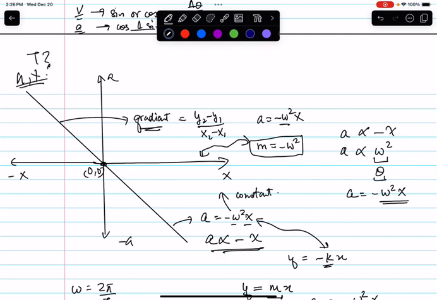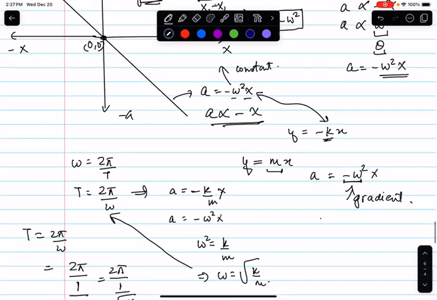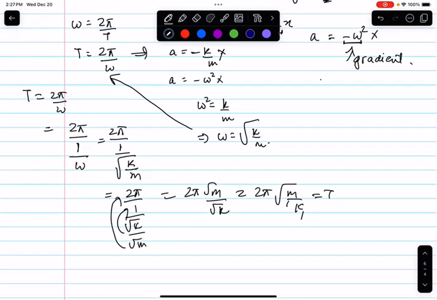You would simply find omega. We know the acceleration is negative omega squared x, so the gradient of this graph, m, is just negative omega squared. Once you find that, the time period is 2 pi by omega, and you can solve for the time period. So that's the basic idea.